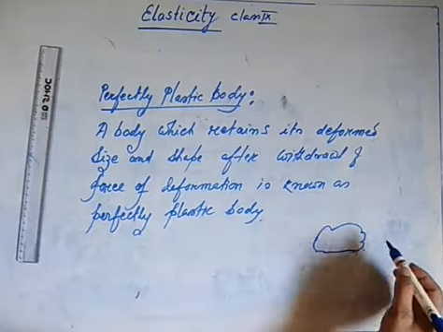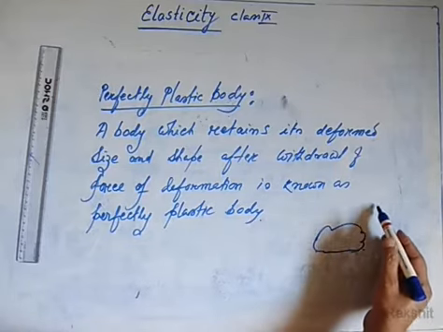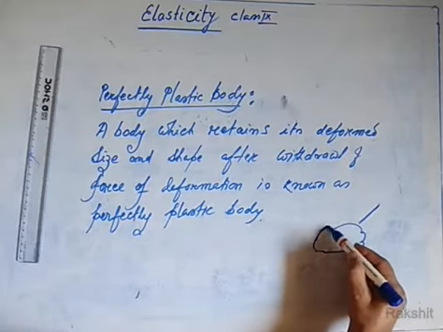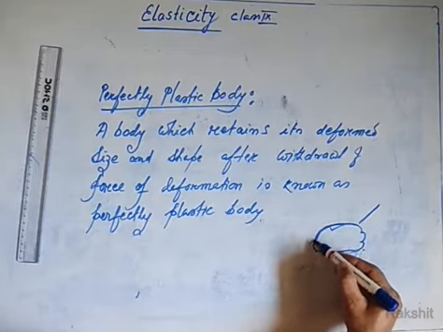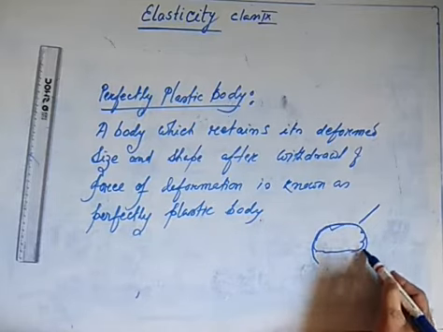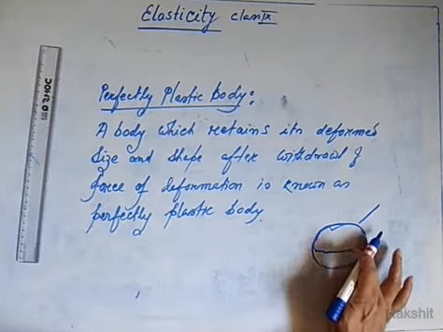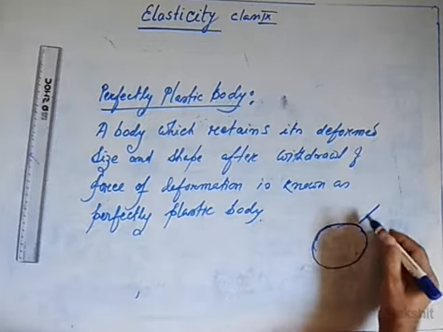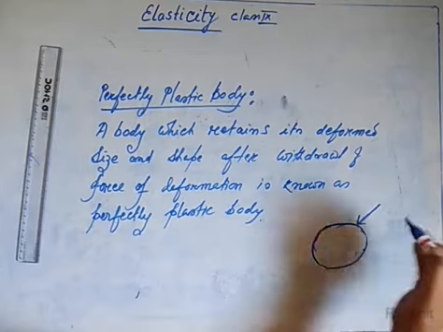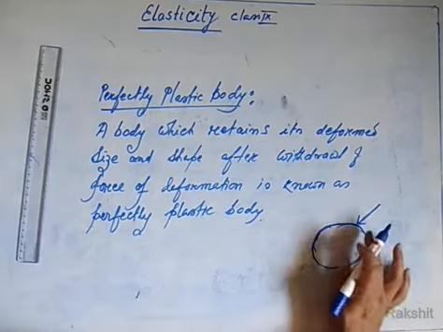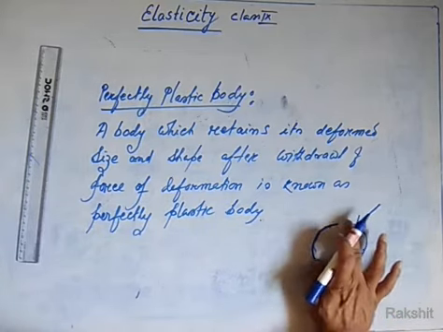Now you are applying a deforming force. So suppose the original shape of this lump was perfectly spherical, and a deforming force is applied on this body. After application of deforming force, it will be deformed like this.